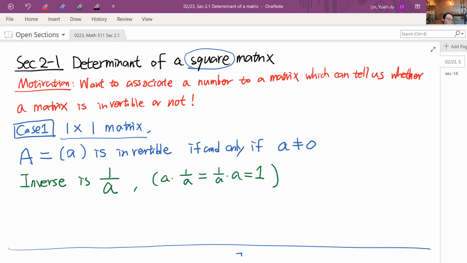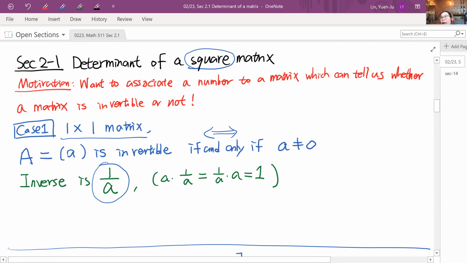So 1 by 1 is actually a little bit too easy, in the sense that a 1 by 1 matrix is just a number, right? You know that one real number A is invertible if and only if A is non-zero, right? Because what's the inverse here? The inverse in this case will be 1 over A, right?